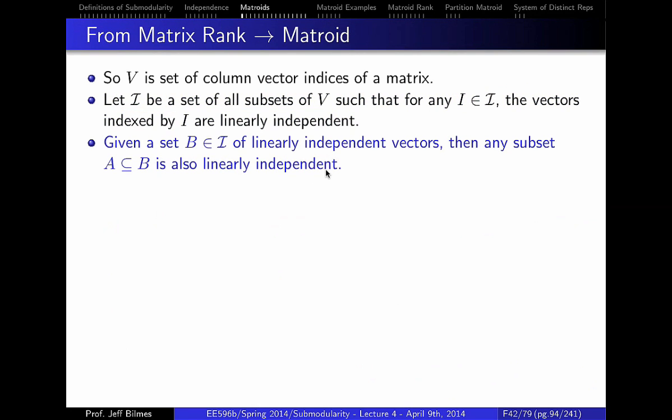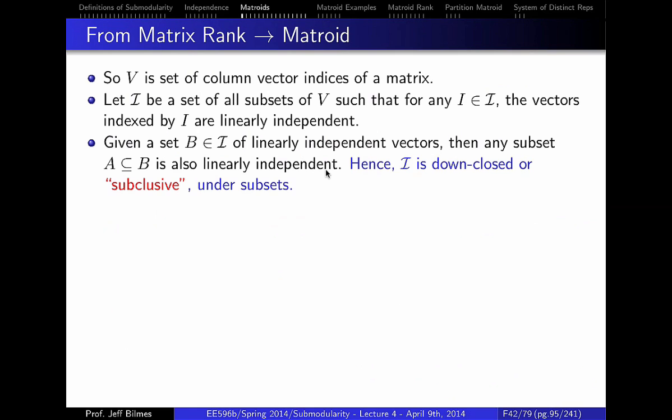And so if we have B, where B is a member of I, and you've got a set of independent vectors, any subset of a set of independent vectors is still going to be independent, right? If we've got linearly independent vectors, if we take any 3 or any 7 of them, they're still going to be linearly independent.